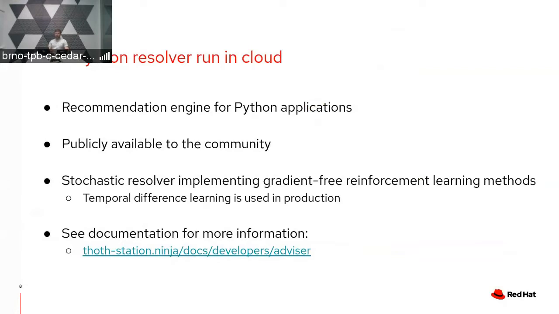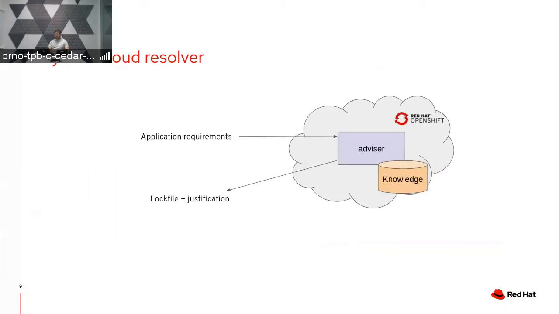If you are interested, feel free to browse the documentation. This documentation is linked from the main page. So if you visit thoth-station.ninja, you can browse online documentation that talks about technical aspects of the project, but also how to set up clients' machines.